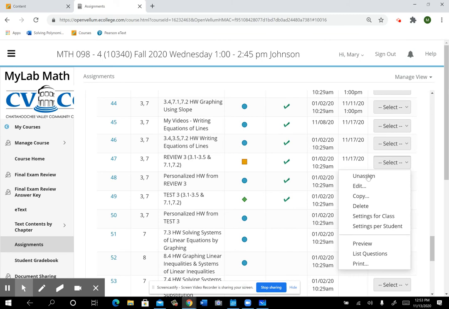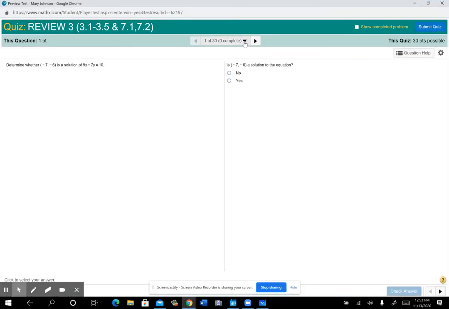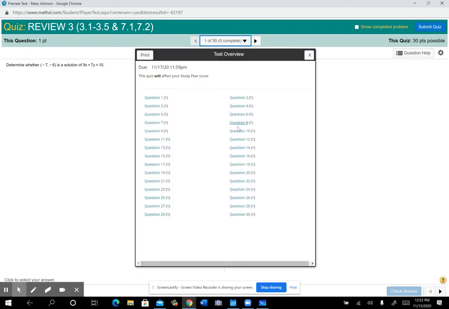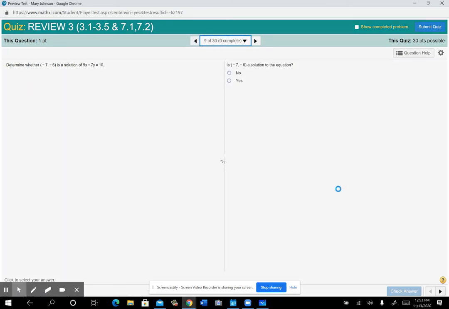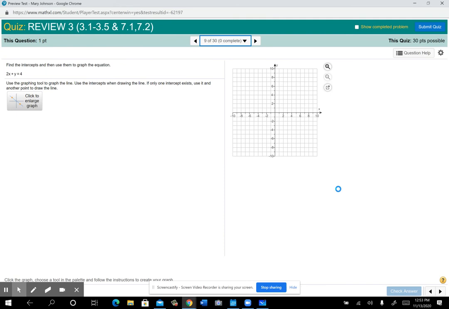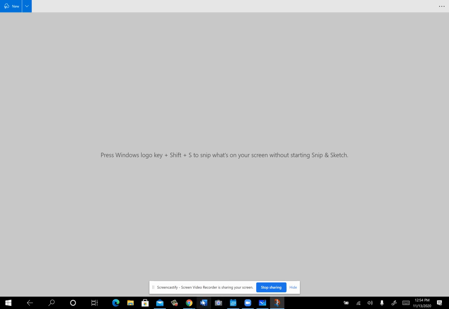I'm actually going to do the problem. It might turn out to be a different question now that I'm actually going in there, so I'll possibly have to work that problem out again. Let's see what they give me. No, they gave me 2x plus y. Let me snip it so I can write on it. Nope, I don't want to snip it. I just want to do it. Sorry, let me go back.